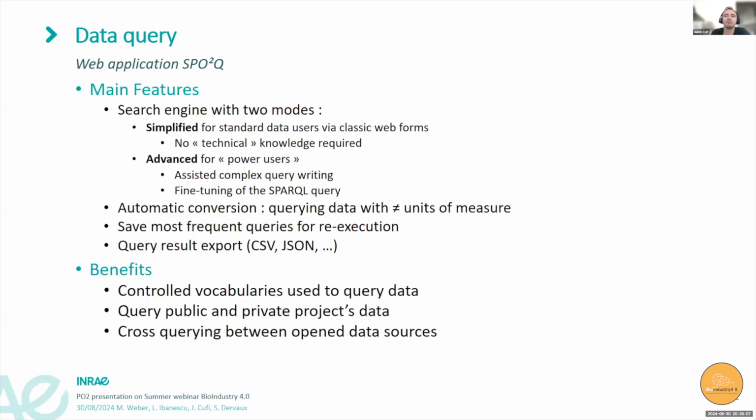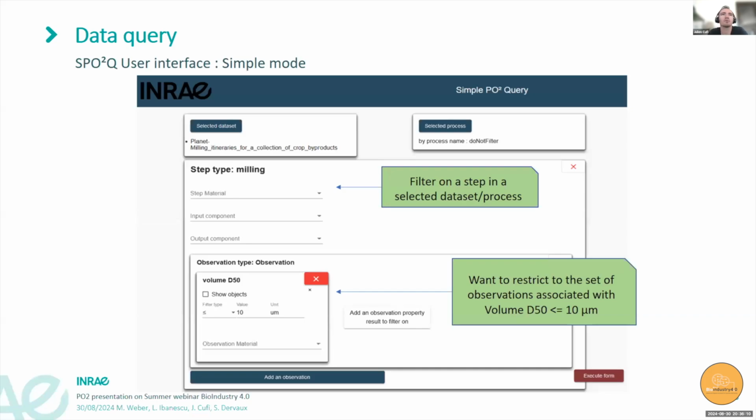So there is a capture of the POC user interface here. It's in simple mode, so you can see that you have to select a dataset, and also define some filters on a specific set, and also filter on the observation.